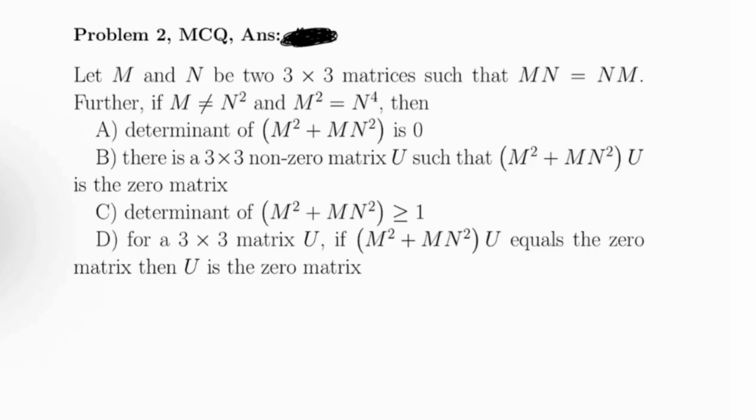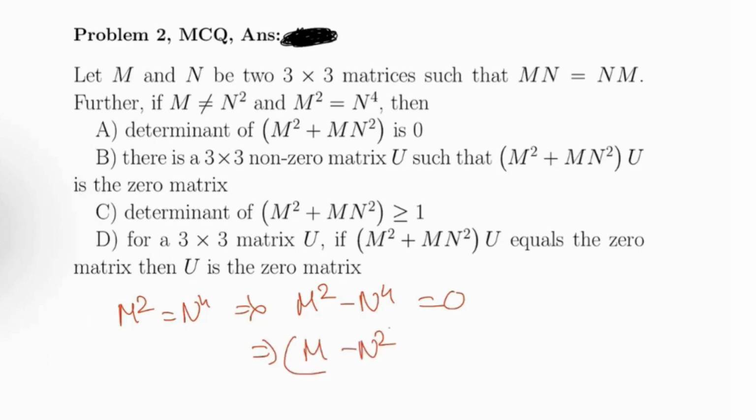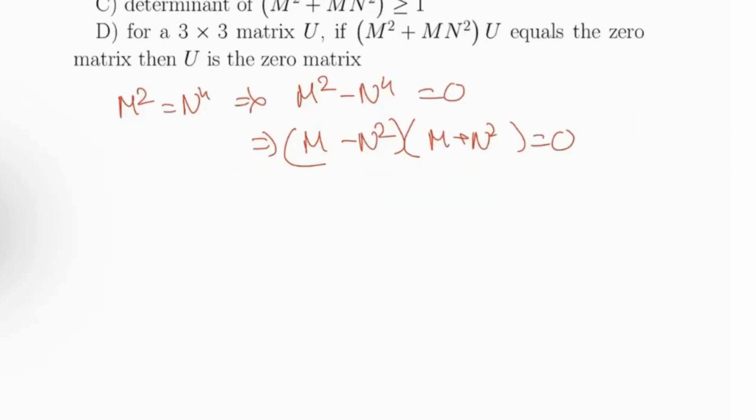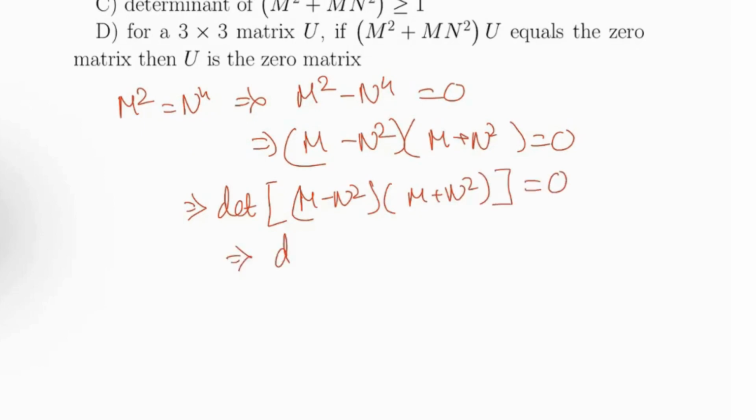So it is given that m square is equal to n to the power 4, which we can say that m square minus n to the power 4 equals 0. I can write this as the determinant of m plus n square is equal to 0.